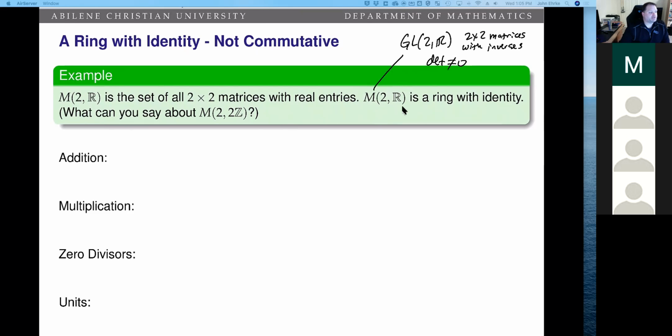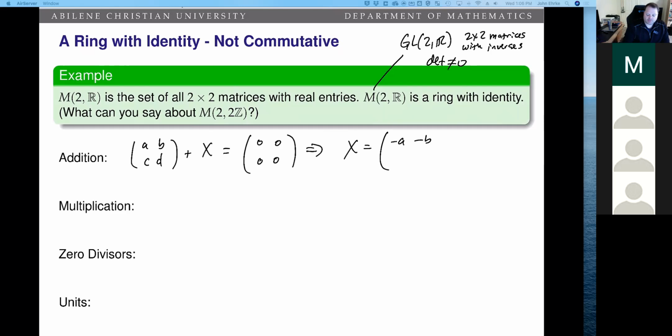They have determinant 0. But it turns out that they still form a ring under addition of matrices and multiplication of matrices. So if we look at the addition operation for M2R, taking (A, B, C, D) and adding it to some matrix X, you can get (0, 0, 0, 0) if X is the matrix (minus A, minus B, minus C, minus D).